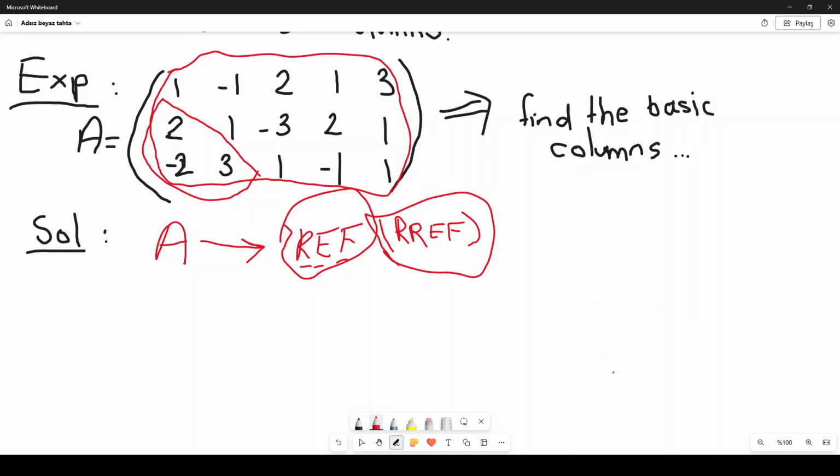Alright then, we know what we should do, and we know the steps that we need to take in order to produce the desired output. Alright then, let's start and convert this matrix into the reduced row echelon form.